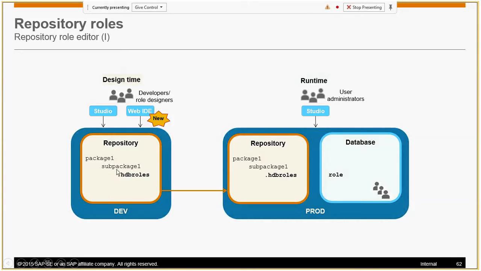From a technical point of view, this role is a file with the HDBROLE extension. This file, together with the package, can be transported to another environment. And as said, when the transport is done, there will also be the activation in this environment, and the activation will generate the catalog role related to this repository role.